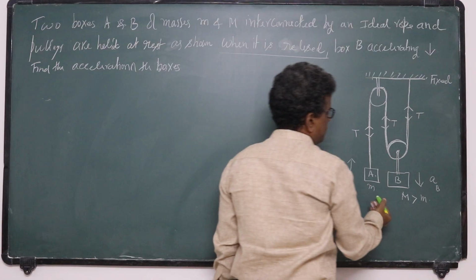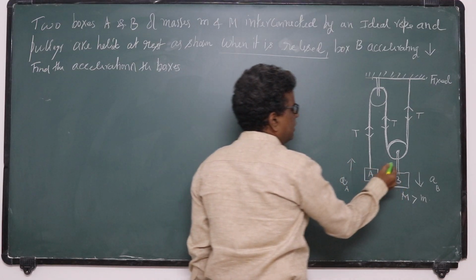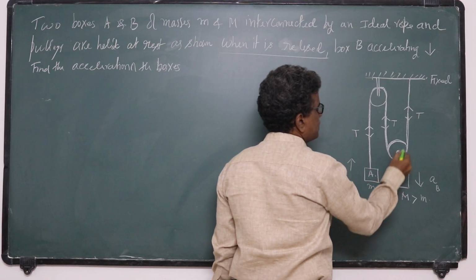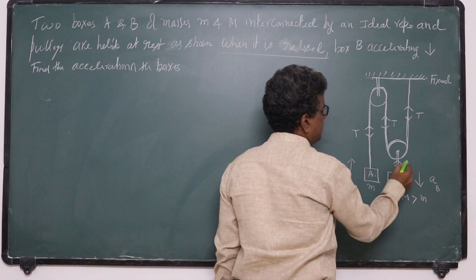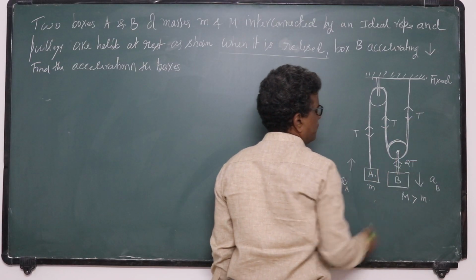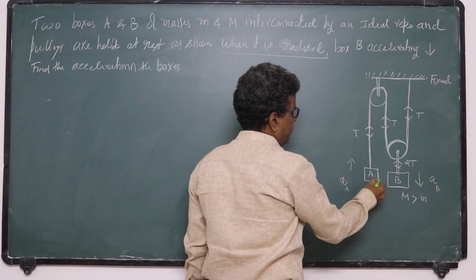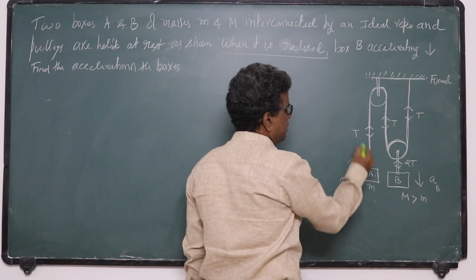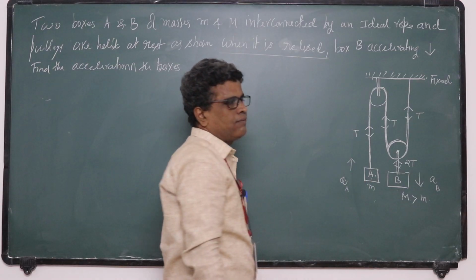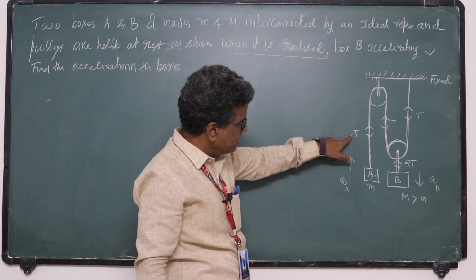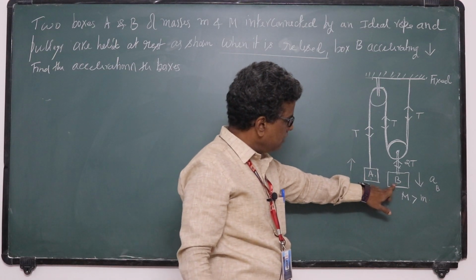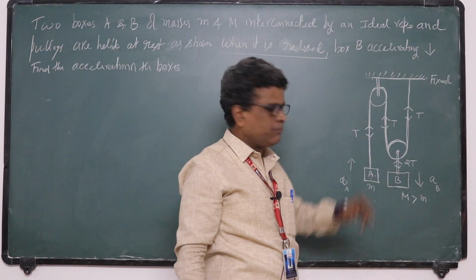So here the tension in the string is, since this is ideal pulley, it is T and T, it will become 2T. So the tension acting on A is T, and the force acting on B is 2T.